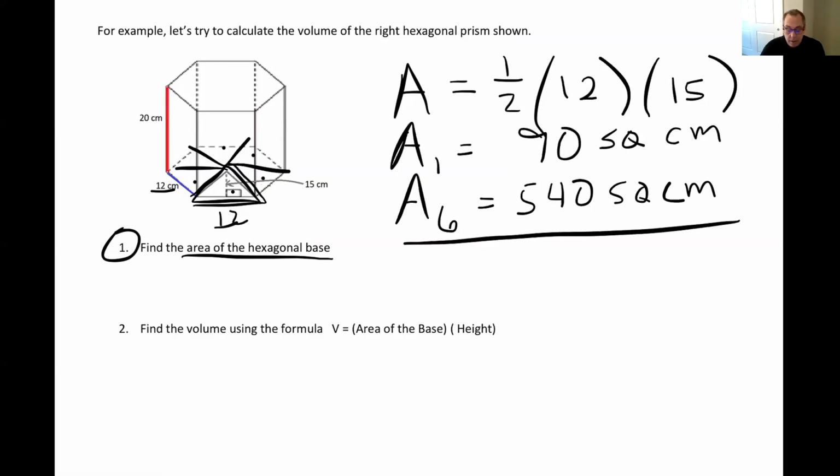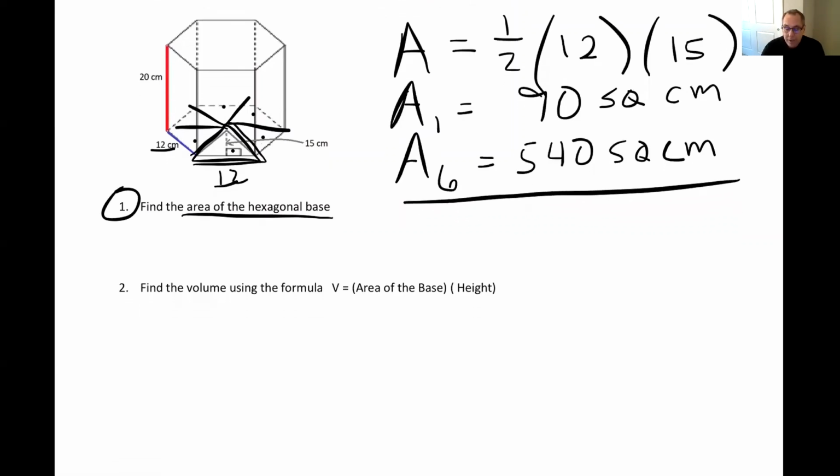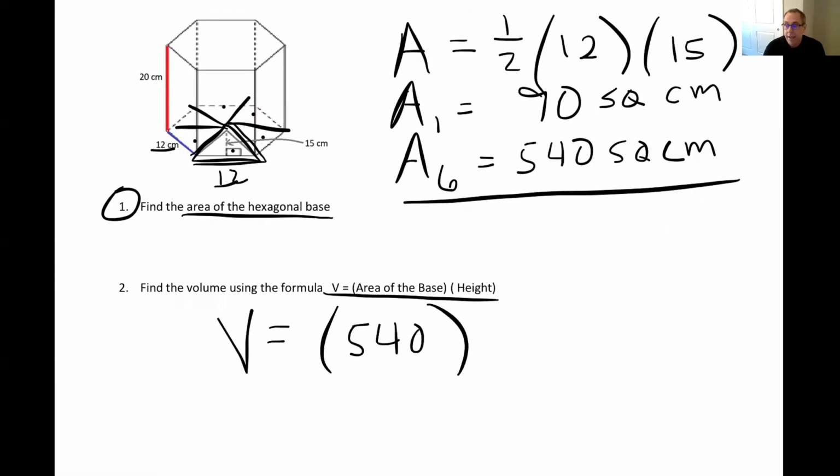That's important because now we can use that number in our formula for the volume, because the volume, according to this formula right here, is the area of the base, 540, times the height.